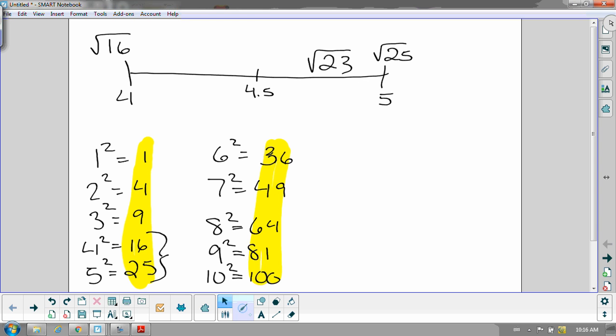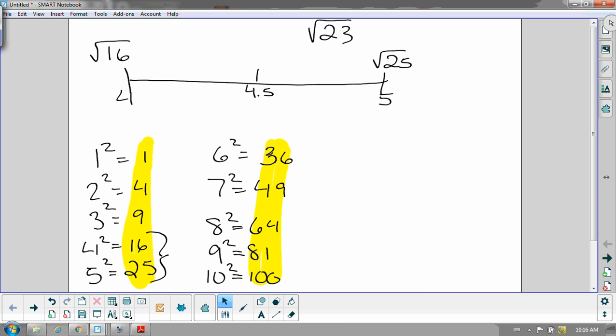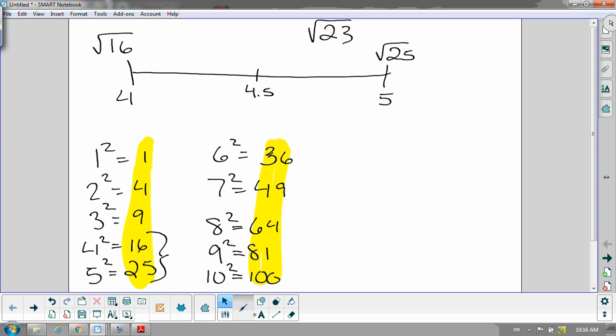And then if we were to estimate the square root of 23, I would probably say if this is 4.5 and that's 5, I'd probably say about 4.7.